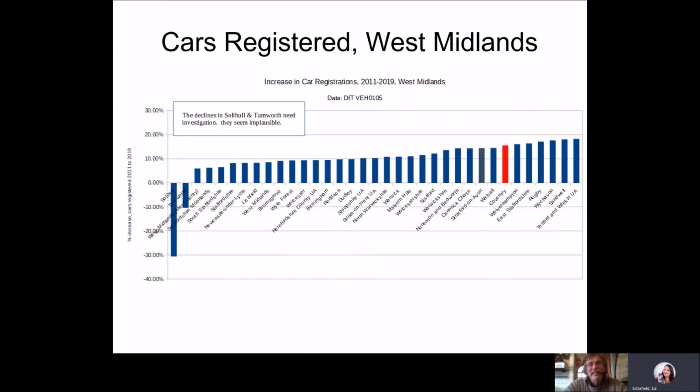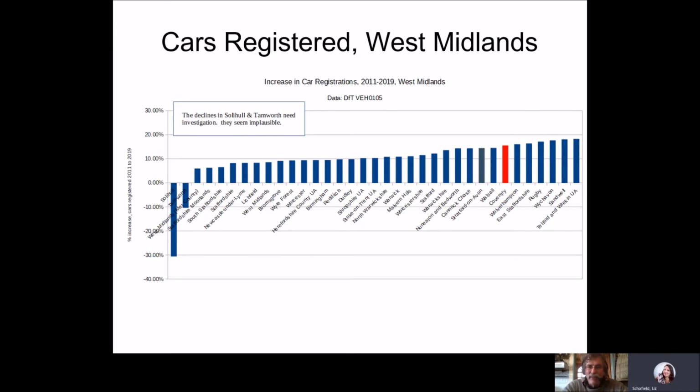Here's another proxy. I think quite a cute, popular one: numbers of cars registered. This is just my rough and ready assumption that in a place which is growing rapidly in population, you're going to see more cars too. Cars are so ubiquitous. People want to have cars. I think about a third of the population doesn't have them, but nonetheless, it's a rough and ready indicator of what's going on.